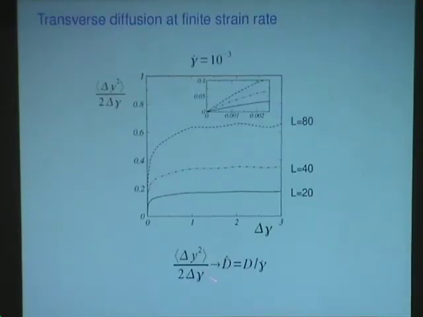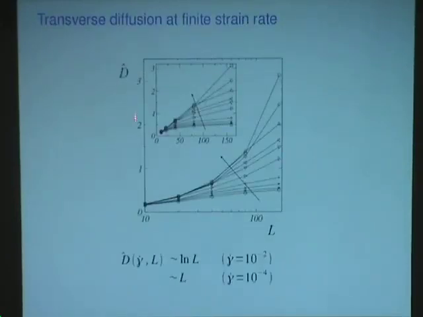So what we do then is collect all the values of these plateaus and plot them. Here we plot the values of the diffusion constants at different strain rates. Each of these curves corresponds to one strain rate, and you have these diffusive values as a function of the system size. What do you see? The higher part of the curve corresponds to the lowest strain rates in your system.